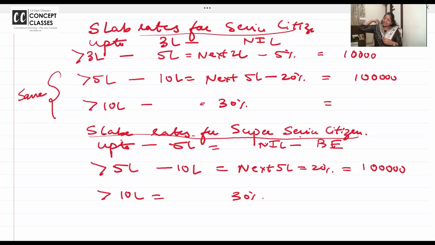Why I made you write is that you were clear up to 3 lakh, but what comes next? Yesterday 2,50,000 to 5 lakh, now 3 lakh to 5 lakh, and here up to 5 lakh only basic exemption. Senior citizen, we respect your age, so up to 5 lakhs you don't pay any tax. 5 lakh to 10 lakh, 20%. 10 lakh above, 30%.